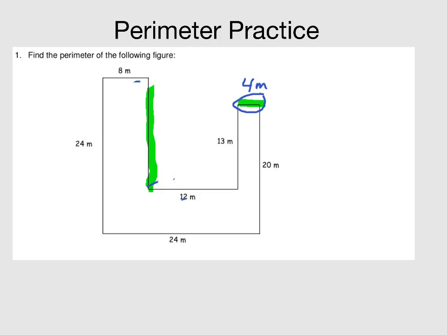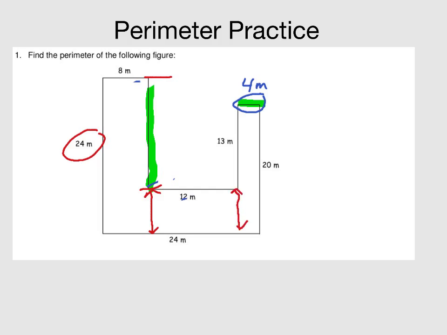The first thing that I see is that the distance from here to here, which is unknown, plus the distance from here to here is the whole length of 24 as well. So it's our job to figure out the missing green side.